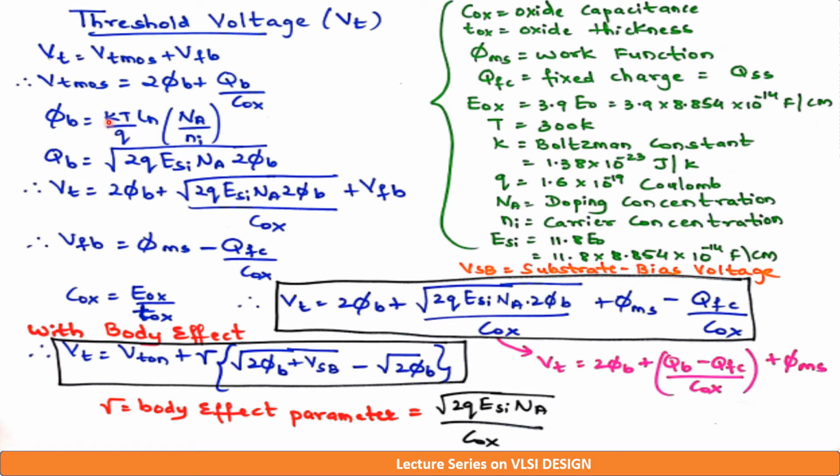Once we substitute the K value, that is the Boltzmann constant, 1.38 into 10 raised to minus 23 joule per Kelvin, temperature as 300 Kelvin, and Q value as 1.6 into 10 raised to minus 19 coulombs, KT by Q will be approximately 26 millivolts. The bulk charge is given by square root of 2q ESI Na into 2φB, where ESI is 11.8 times epsilon naught, the permittivity of silicon.